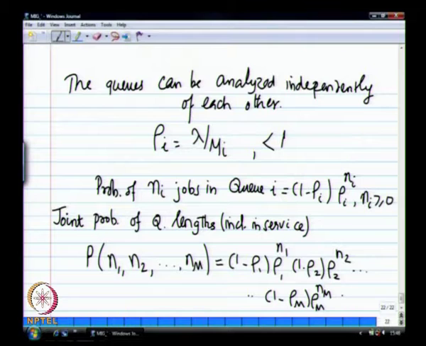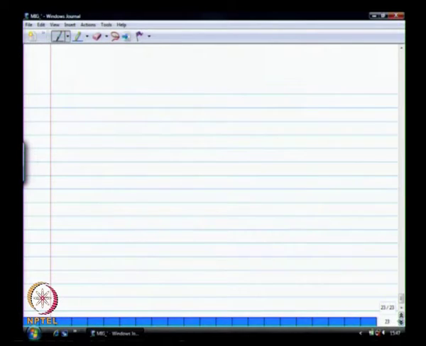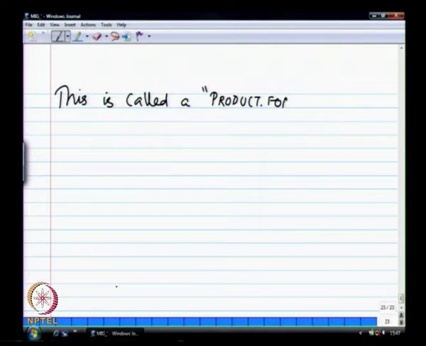So this is simply a product, right. This is what is called, in queuing network results, a product form distribution, right. So this is called a product form network. So whenever I have a network which has this product form nature, I can analyze the queues independent of each other.